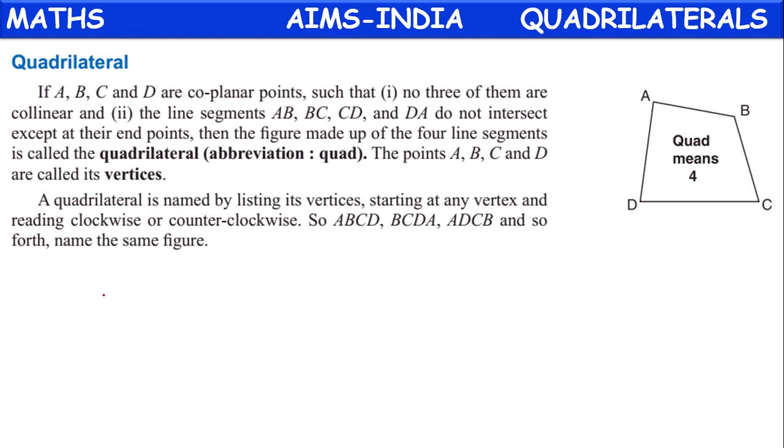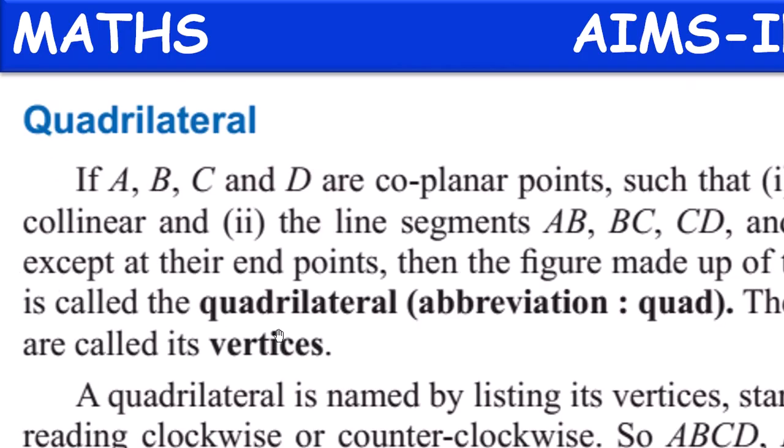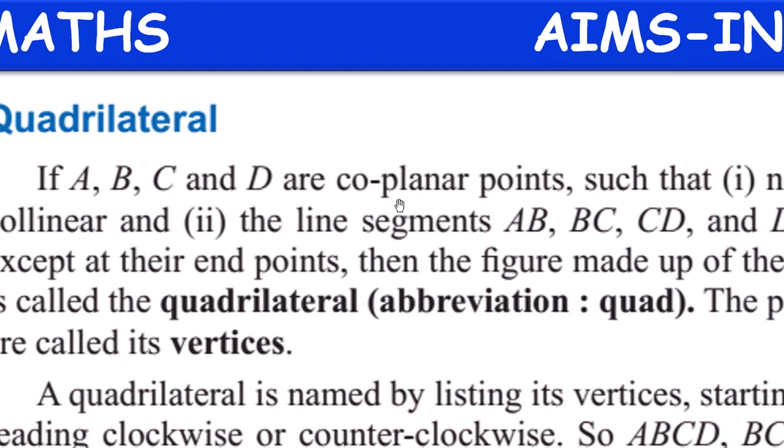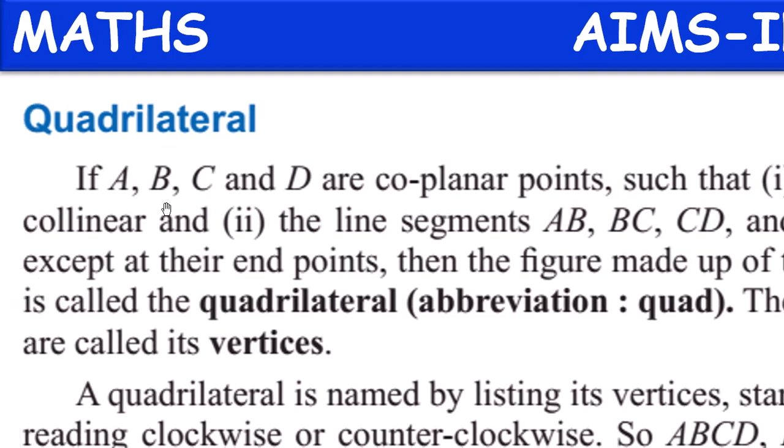So here children, if A, B, C and D are coplanar points, means A, B, C, D should lie in the same plane, on the same surface, then they are said to be coplanar points.